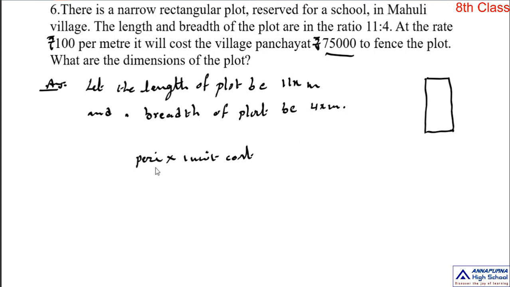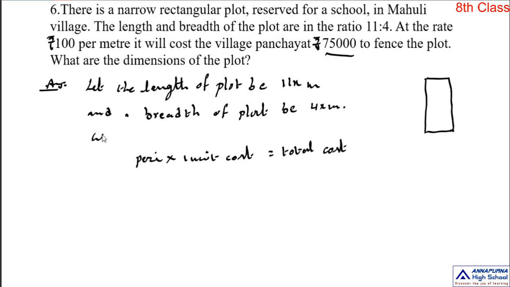By multiplying the perimeter of that flat by 1 unit cost, we find the total cost of fencing. This is the basic formula that we follow: perimeter into 1 unit cost represents the total cost of fencing around that rectangular flat.